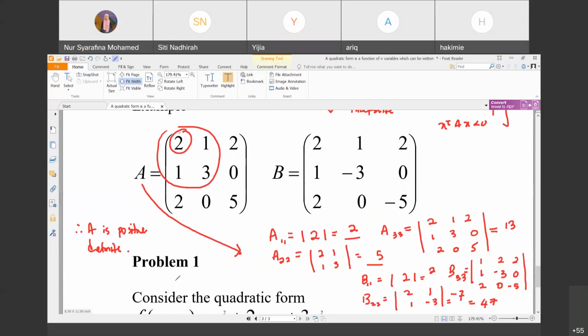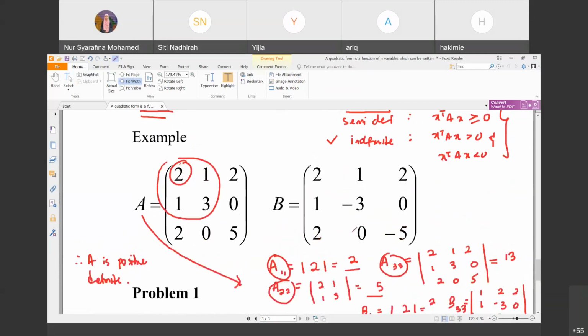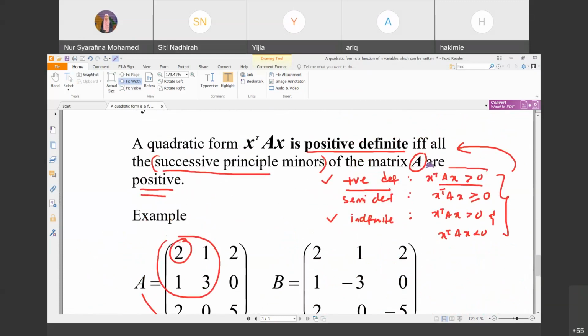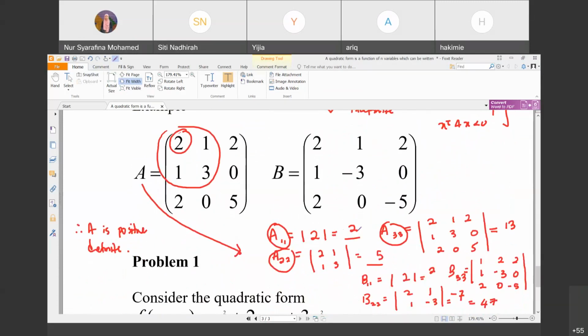Okay, when all successive principal minors here are positive, then it is positive definite. So refer to this definition. When it is a mixture of positive values and also zero, then it is semi-definite. If you get zero here, let's say A11 is 0, A22 is 5, A33 is 30, so it is a mixture of positive values and zero, then we can call it semi-definite.